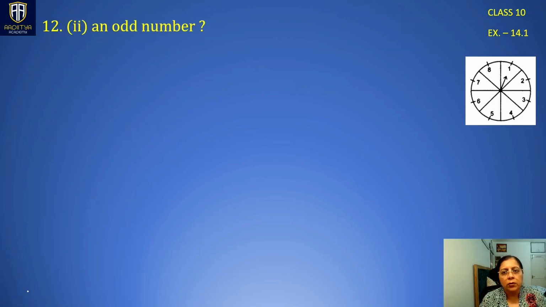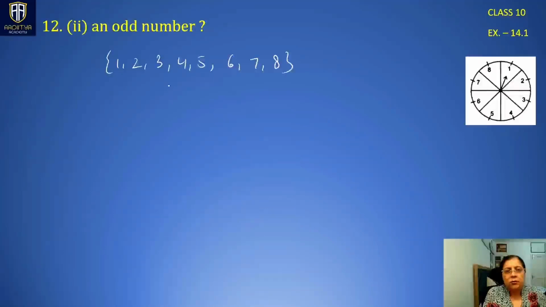Next is an odd number. So out of these 8 numbers, 1, 2, 3, 4, 5, 6, 7, 8. So we have 8 numbers, out of which 4 are even and 4 are odd. So since we are looking for odd numbers, these are the 4 favorable outcomes. Probability of an odd number.